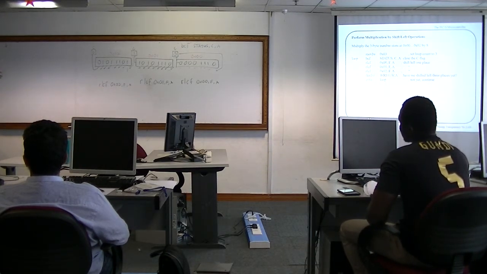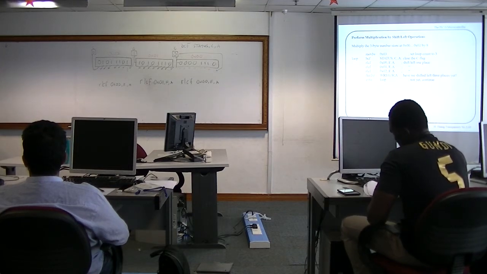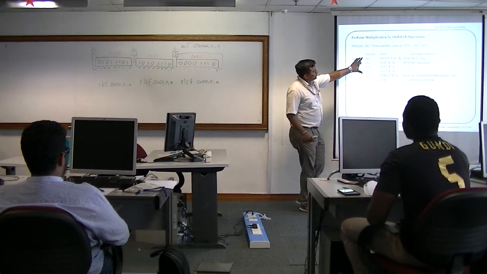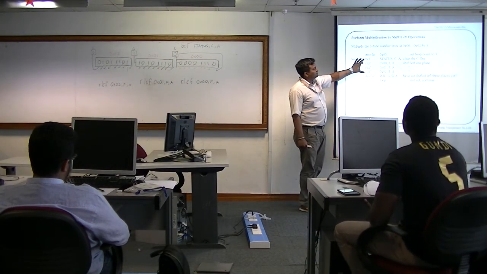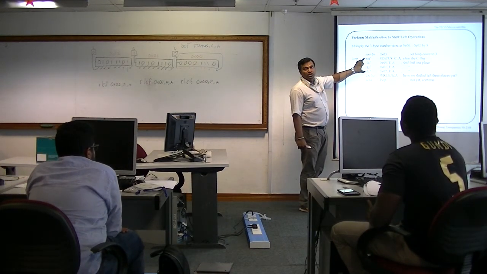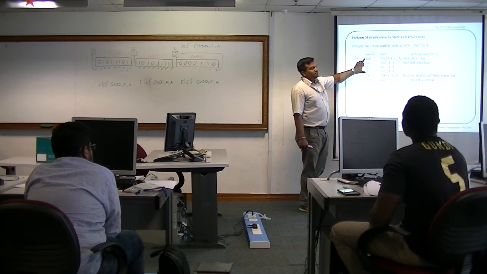3 bytes means you have 3 instructions. But when you write these 3, you're only multiplying by 2. You need to repeat this 3 times, then you multiply by 8. So therefore, we put it in a loop. This is what we did, right? Rotate left, rotate left, rotate left is one set of multiplying by 2. This whole thing we need to repeat 3 times.